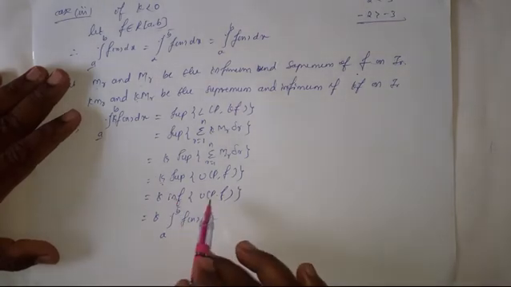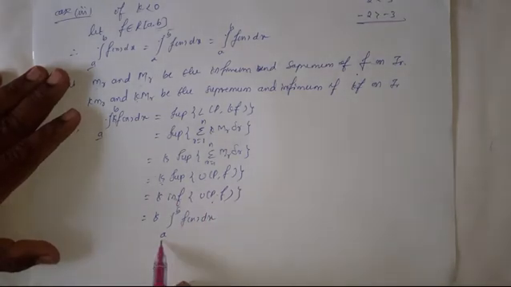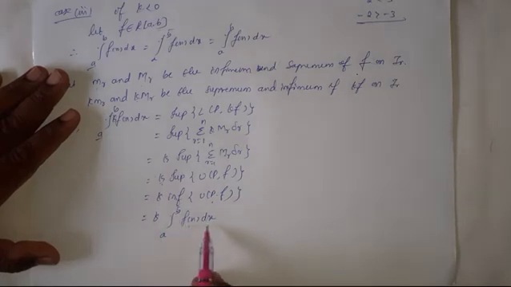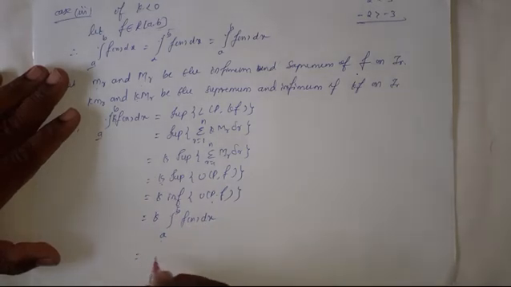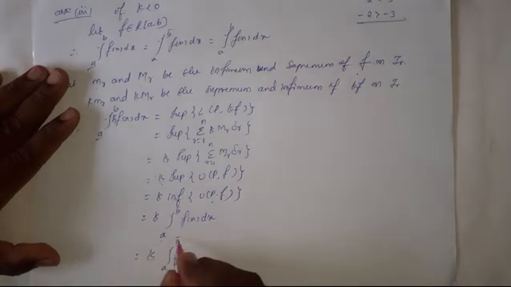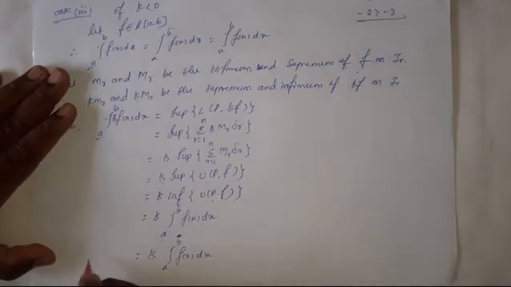Because the infimum of upper sums is nothing but the upper Riemann integral. So this can be written as k into the integration over a to b of f of x dx. This is bar a to b k into f of x dx.